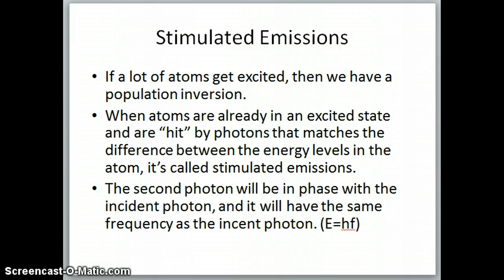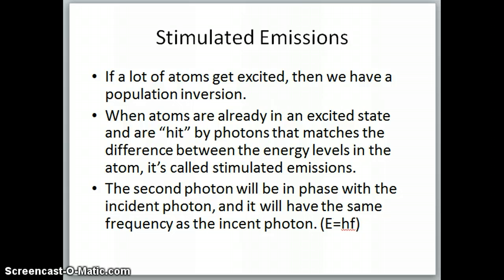So the atoms are already excited and they're hit by a photon, and that photon matches the difference between the energy levels of the atom, and so the energy is released. This is caused by something else, and this is what's called stimulated emission.